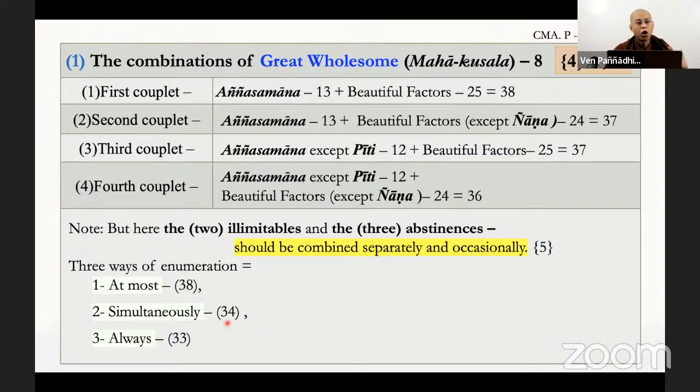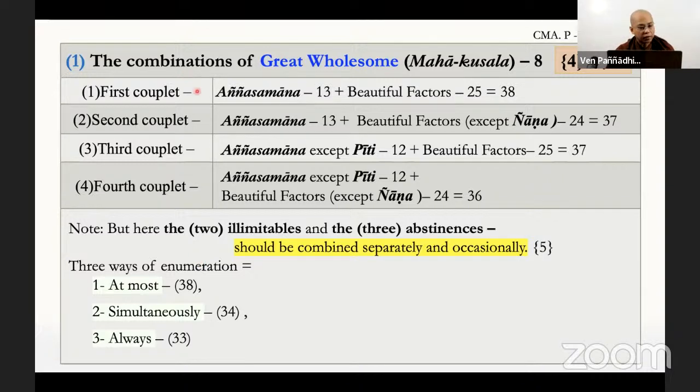And if we say always, we must make exceptions of all these variables. Only 33 remain. So we can say that the 13 Annasamana and, except for the Appamanna, 20 beautiful factors always arise with the first couplet.